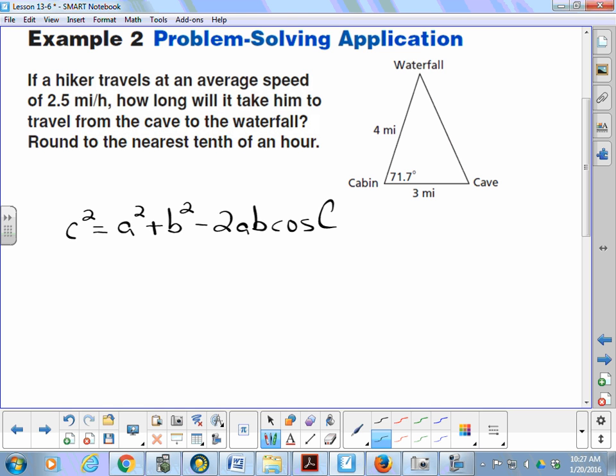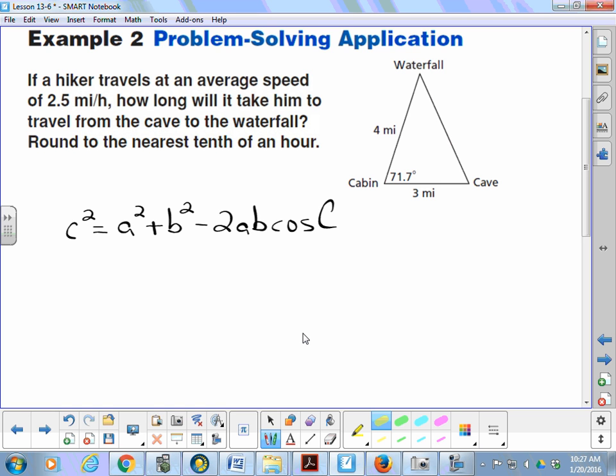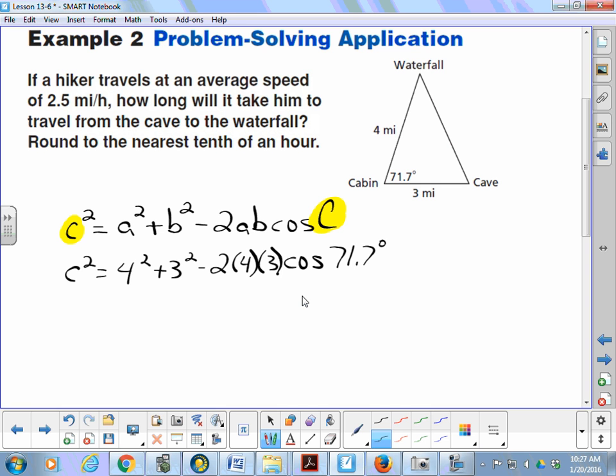And just like we looked at a minute ago with finding the angles, regardless of your lettering, these two letters here are always the same. The side I'm looking for goes on the left side. The angle I know goes at the end. So 4 squared plus 3 squared minus 2 times 4 times 3 times the cosine of my angle, 71.7.